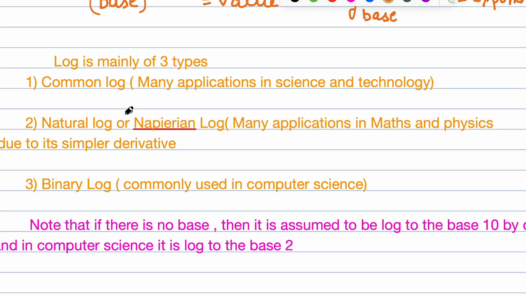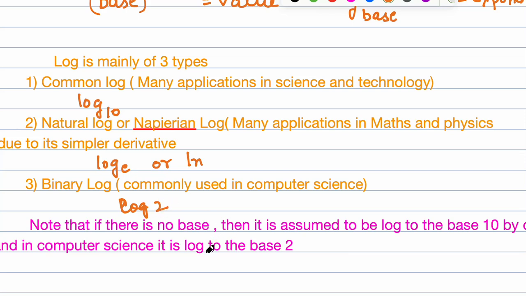Now what is the difference? Common log is log to the base 10. Neperian log is log to the base e, and generally we write it as ln. So if ln is written, that means it's log to the base e, and binary log is log to the base 2.